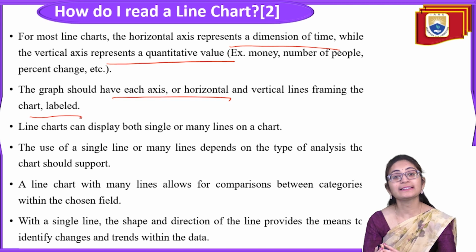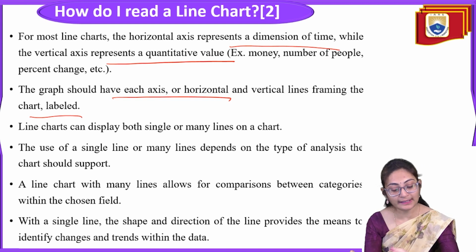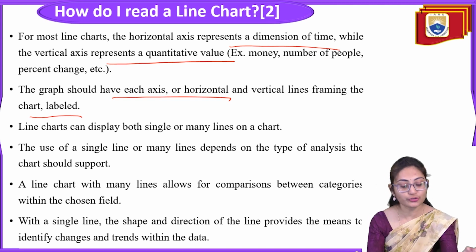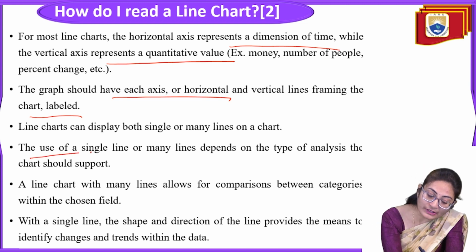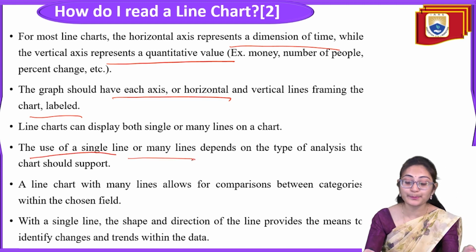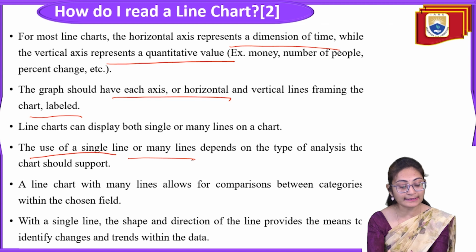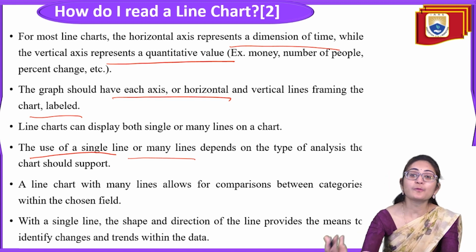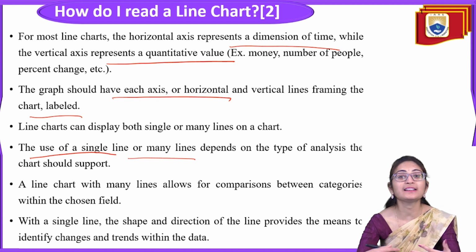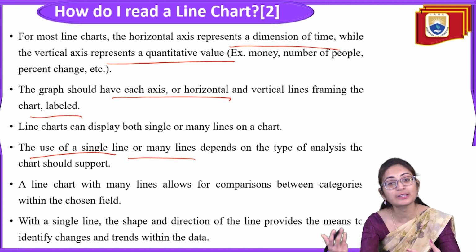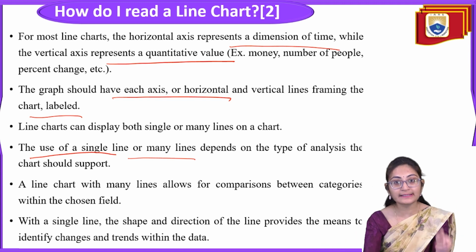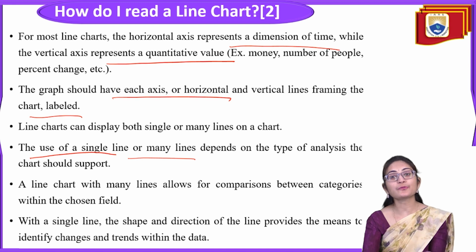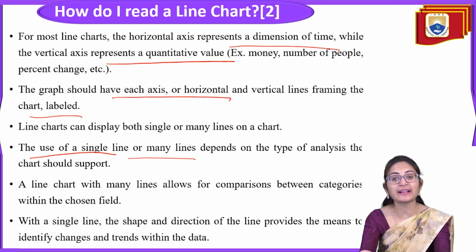The line chart can display either a single line or many lines on the chart. The use of a single line or many lines depends on the type of analysis the chart should support. So which type of graph do you have to use, a single line or multiple lines? This totally depends on what type of data you are using.